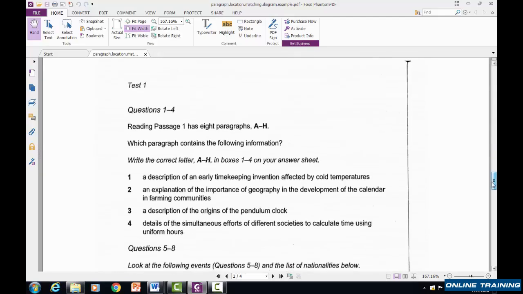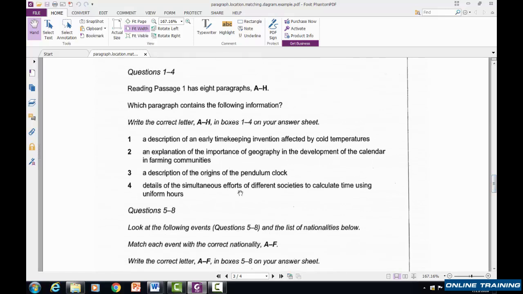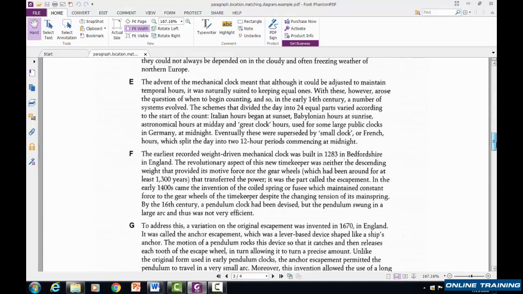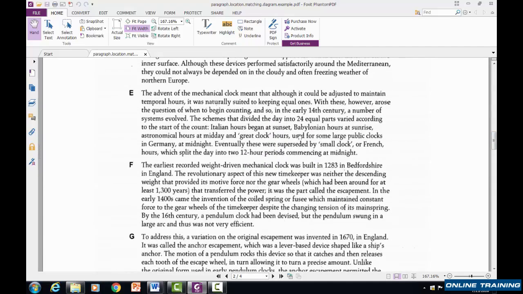Also, by doing the matching question, we actually know the answer to number 4. Because number 4 says simultaneous efforts of different societies to calculate time using uniform hours. We know that that is from paragraph E, where it talked about the Babylonian hours, the German hours, and then the French splitting the day into 2 12-hour periods.